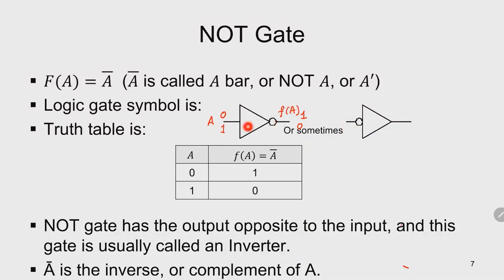So if it's 0, the output is 1. If it's 1, the output will be 0. Okay, so the A bar is the inverse of the input, or the complement of the input. So that is the NOT gate.